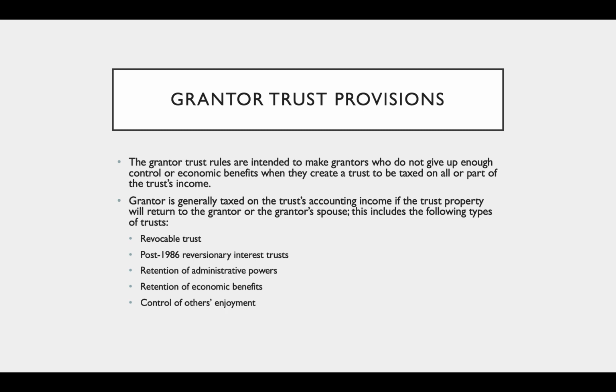If the grantor retains administrative powers or retains economic benefits, then the accounting income is going to be taxable to the grantor. And if the grantor retains the right to control others' enjoyment of the trust property, then the income will be taxable to the grantor.